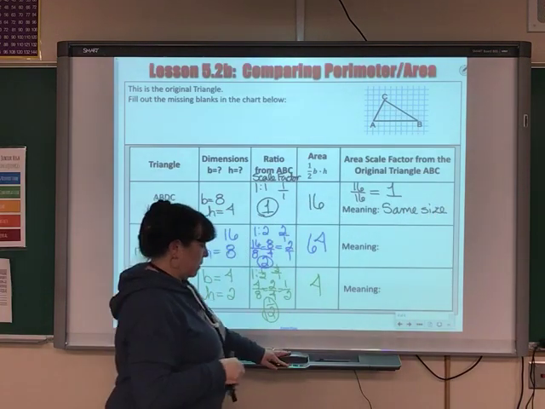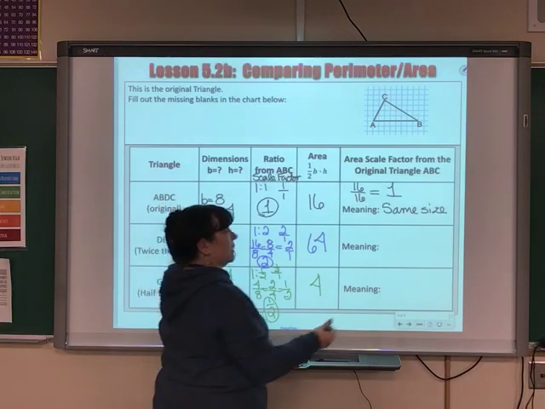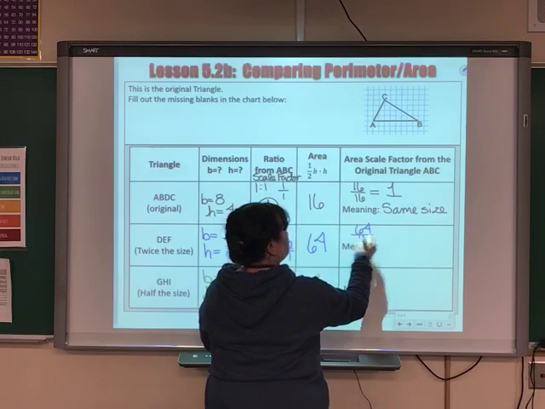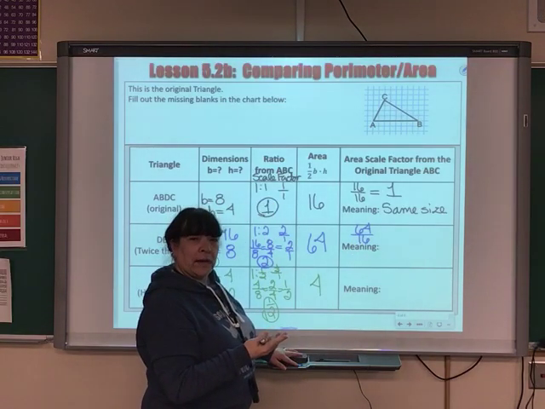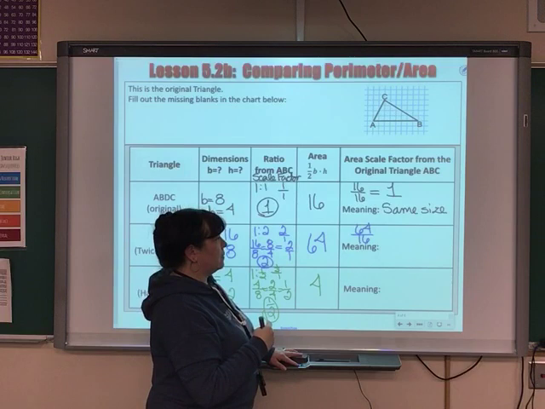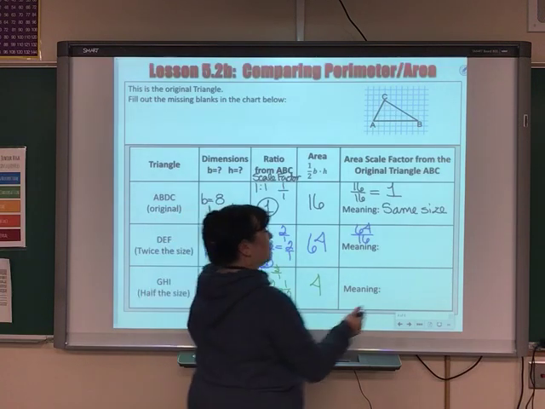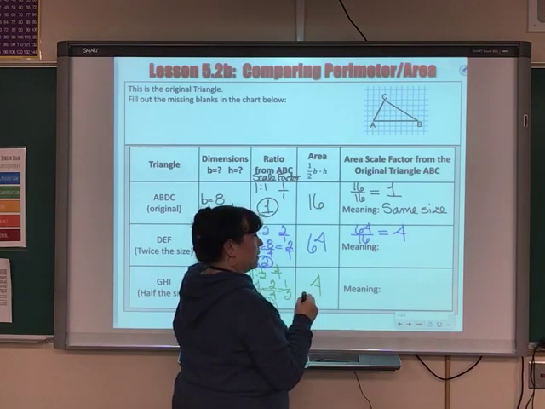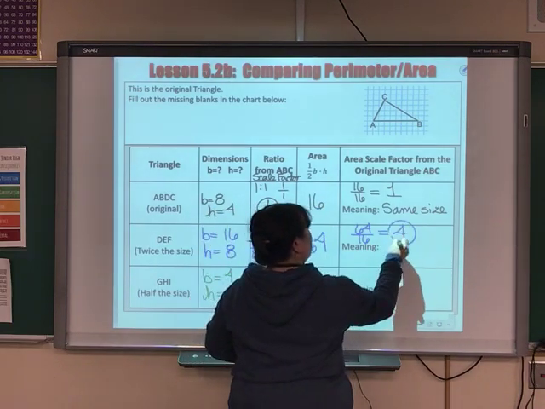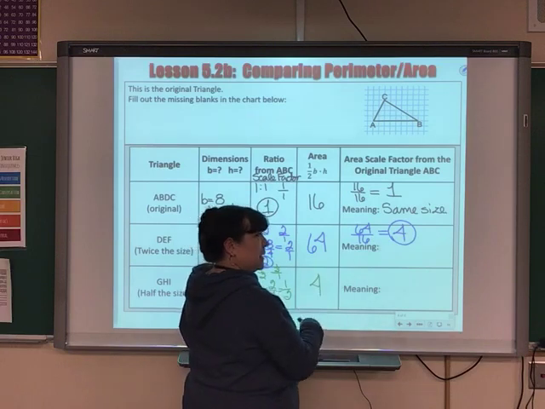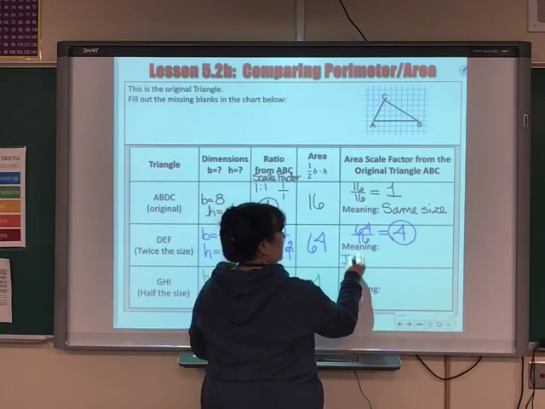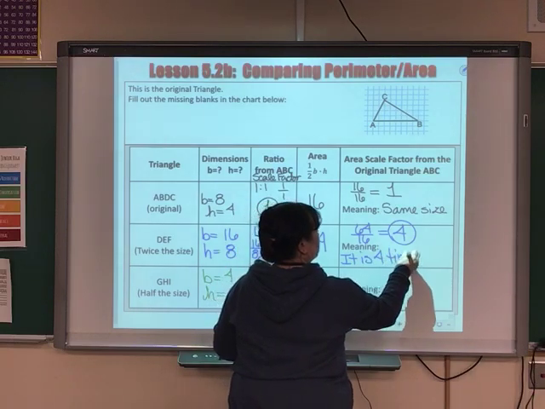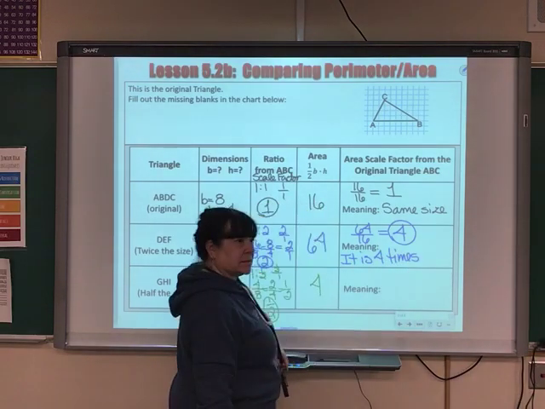Here, however, our scale factor is 64 to 16. What happened there? Oh, if I simplify 64 to 16, I'm going to get 4. This scale factor is 4, meaning it is 4 times the size, right?